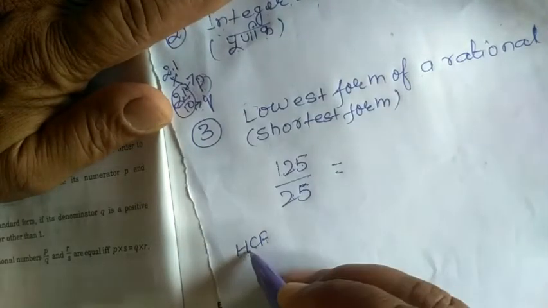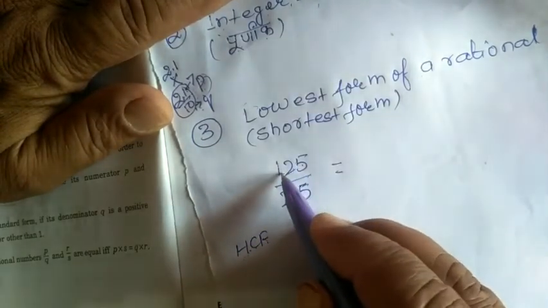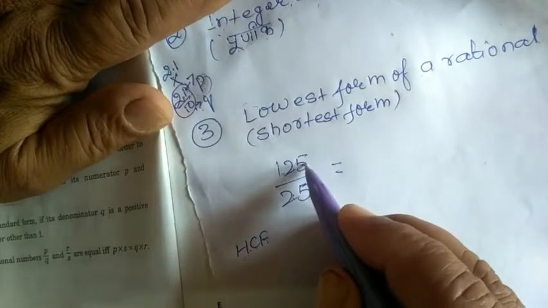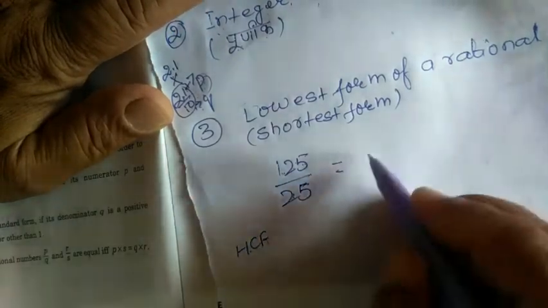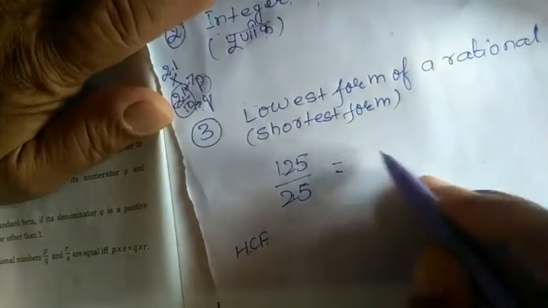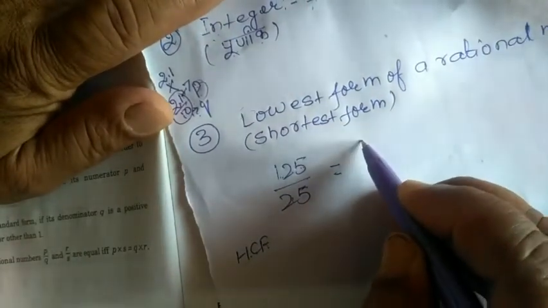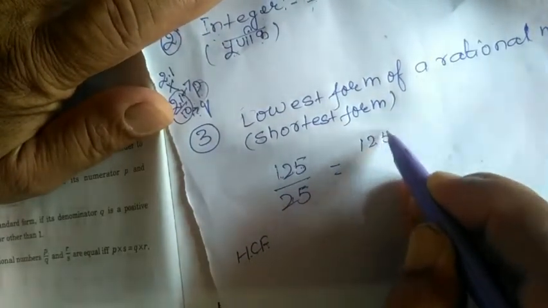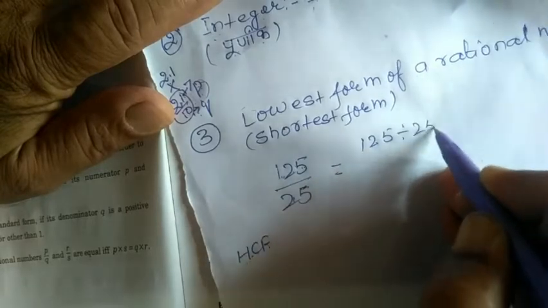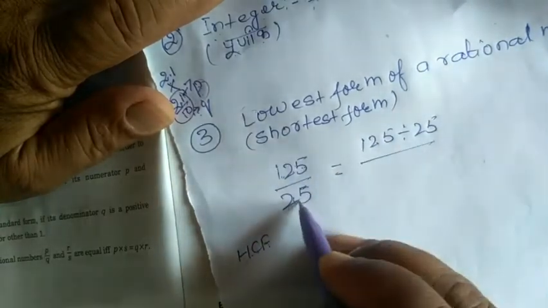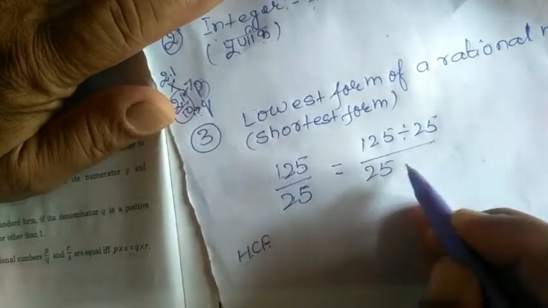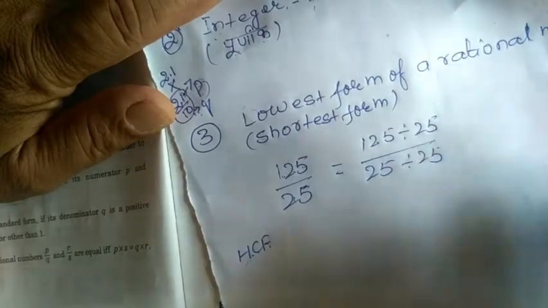So here we have to find the HCF of 125 and 25, and as we know, we will get 25. Now see, 125 is divided by 25, as well as 25 is also divided by 25.